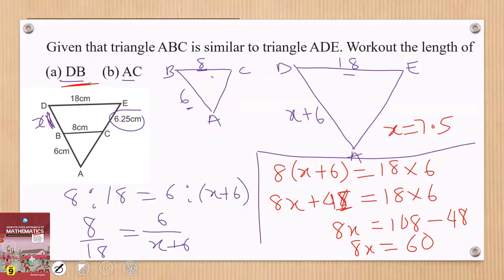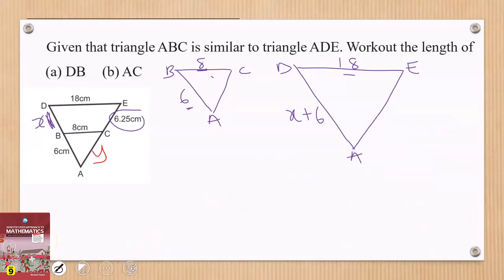Okay, we can use the same idea to find the AC. Let's assume that AC, let's put y there. So using the same approach, we can also write an equation like this. Now the whole of EA can be written as y plus 6.25, right?